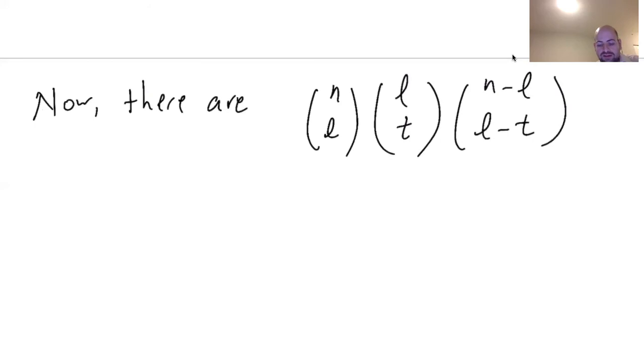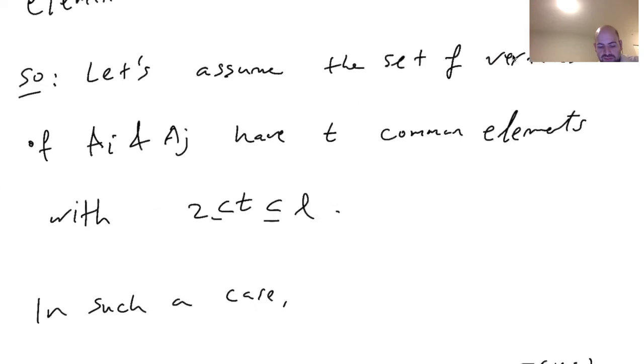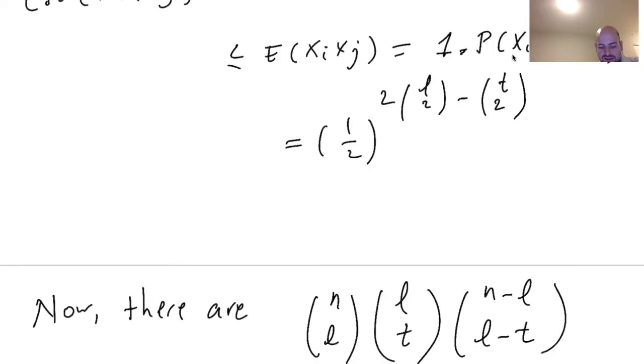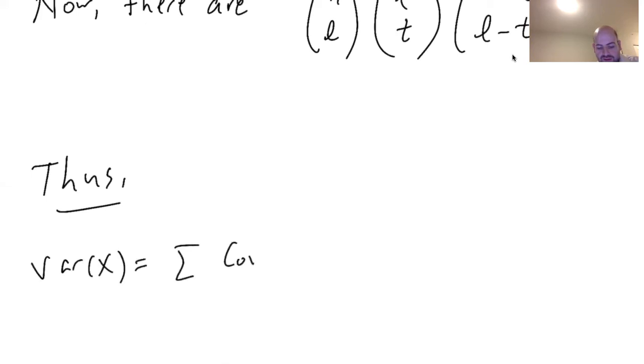So covariance, okay, now for each fixed xi and xj, this is the bound. And so I have to sum over all such xi and xj's. And what am I gonna get? So variance of X, which was the sum of covariance of xi xj, sum over i and j, is less than or equal to, remember this was the bound.